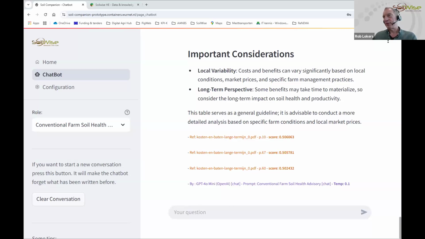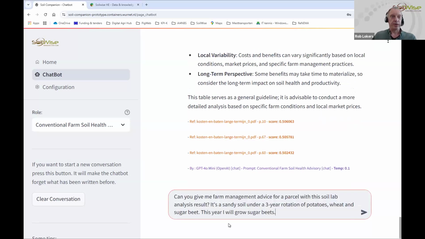So what I could ask is the following. The question would be, can you give me farm management advice for a parcel with this soil lab analysis results? It's a sandy soil on the 3-year rotation of potatoes, wheat, and sugar beet. And this year I will grow sugar beets.